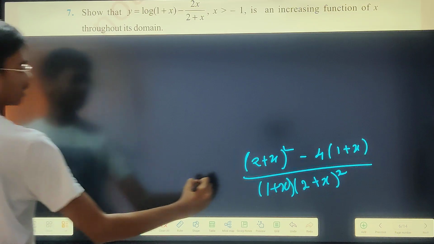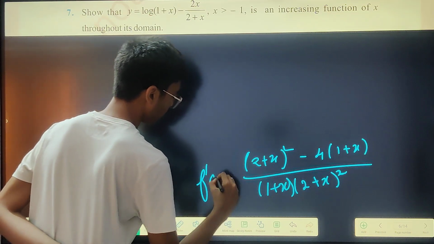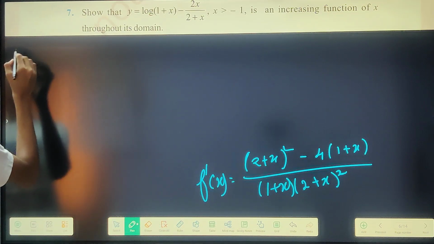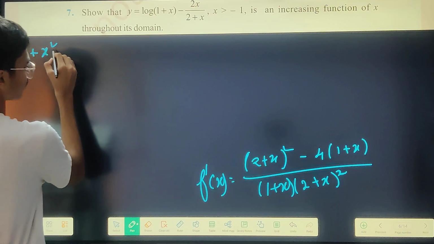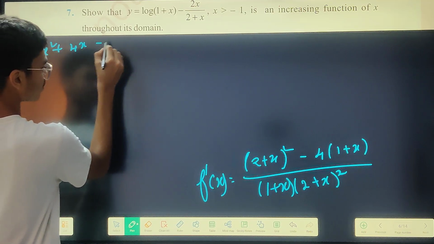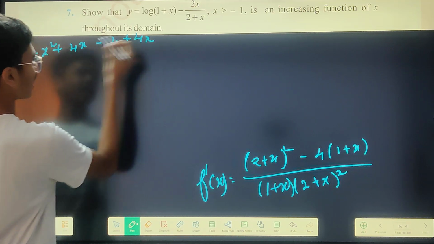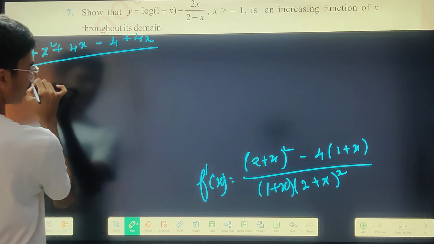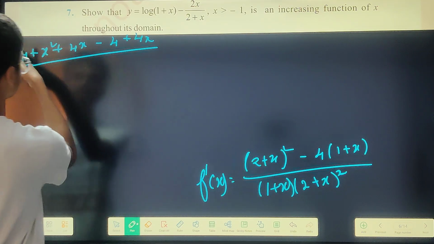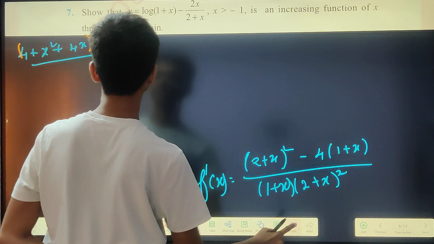Okay, so f dash x is equal to 4 plus x square plus 4x minus 4 plus 4x, the whole divided by, okay, here the same thing, only we will be getting the same thing into 1 plus x.